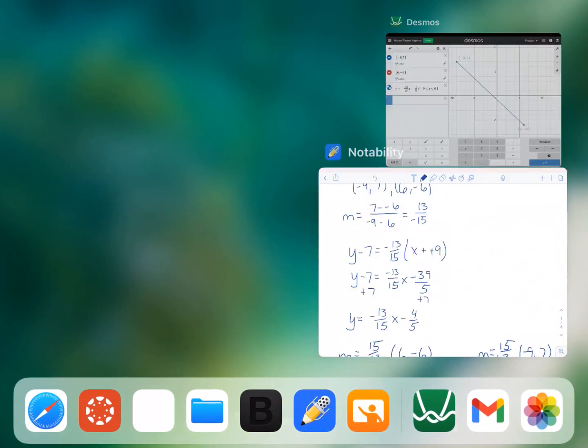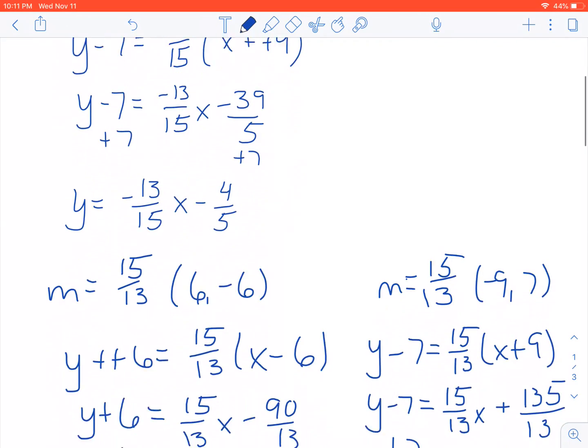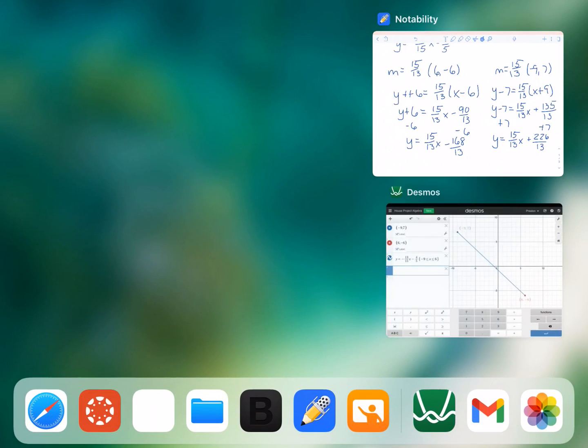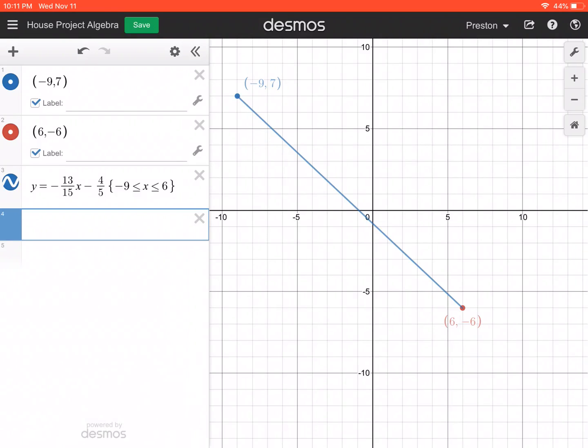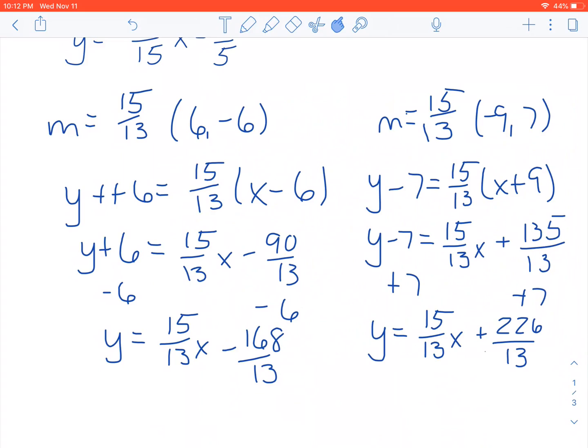So when I do that, I get my perpendicular slope, and in order to go through (6, -6) at the bottom right here, I have a point, (6, -6), and I have my slope, 15/13.